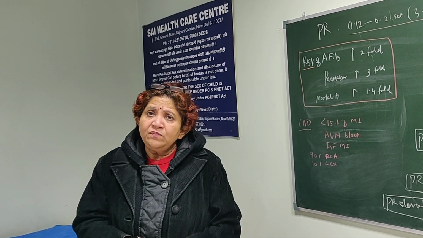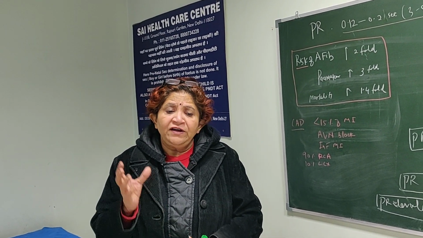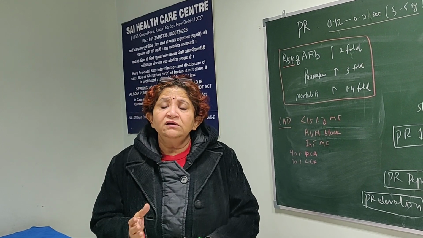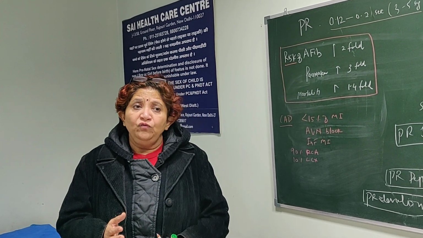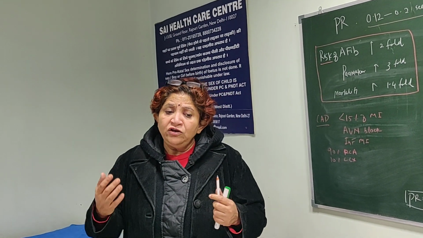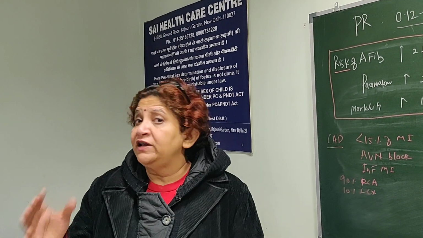Then if it is very prolonged, you should consider reducing drugs like beta blockers and calcium channel blockers. Supposing beta blockers are really mandatory, and the patient already has a first degree AV block, then if the patient also has some underlying bundle branch block, you should be extremely careful while prescribing beta blockers, and you should follow them.